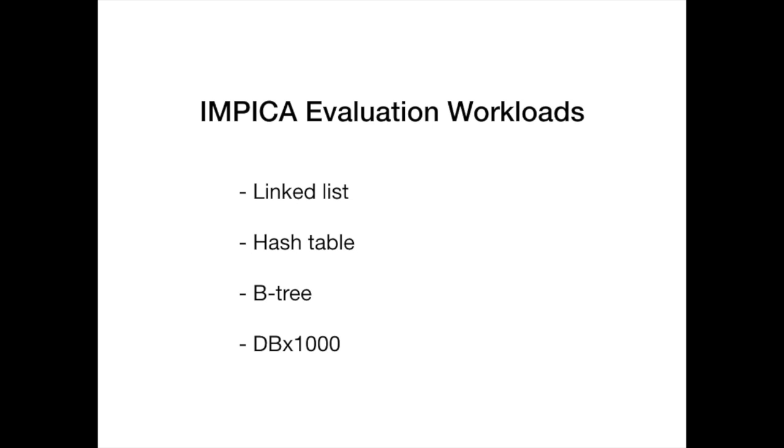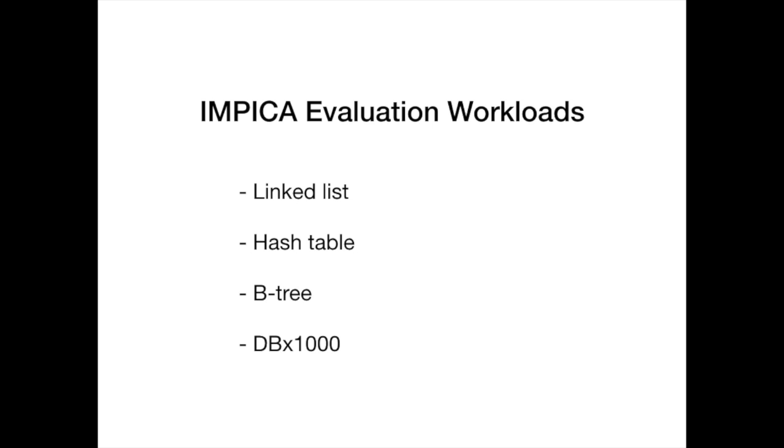For the hash table, the in-memcached implementation was used with the insertion of 2 to the 20th random keys into the hash table with 2 to the 20th buckets. And the evaluation was run for 100,000 random key lookups.